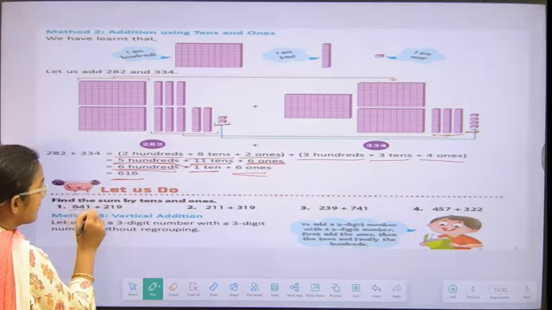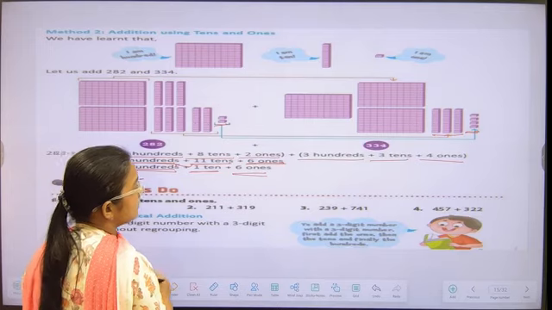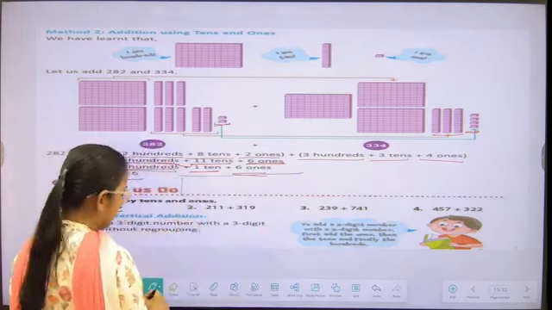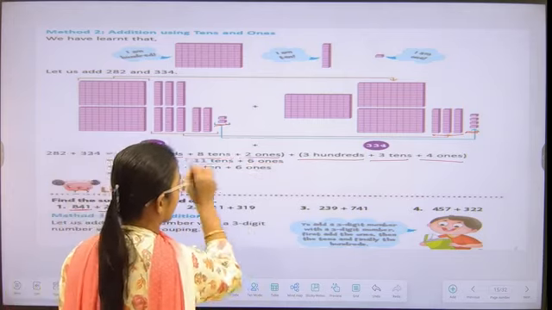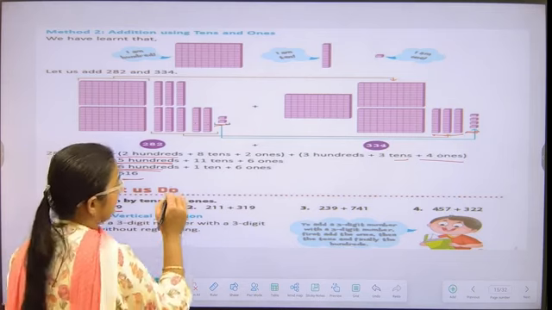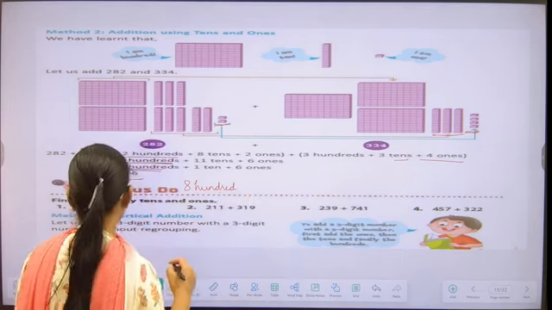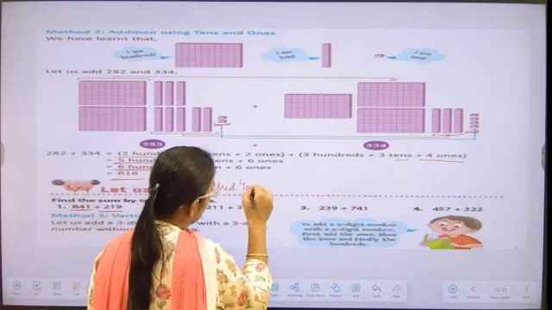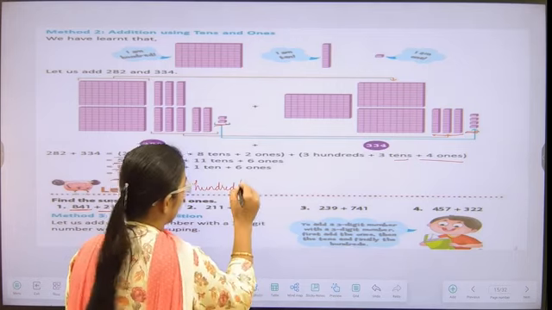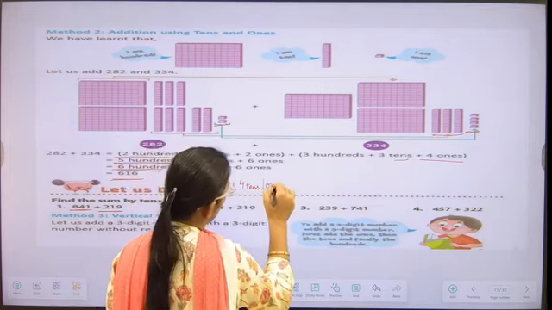Similarly, we can do the first one also. We have to add 841 with 290. Let's do it with me, student. So we have to add 800 with 4 tens and 1 ones.